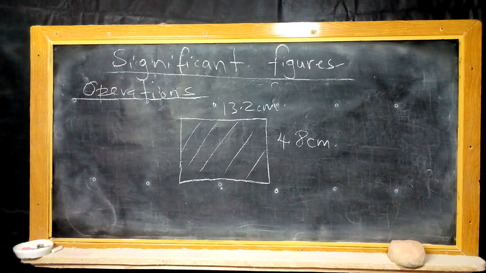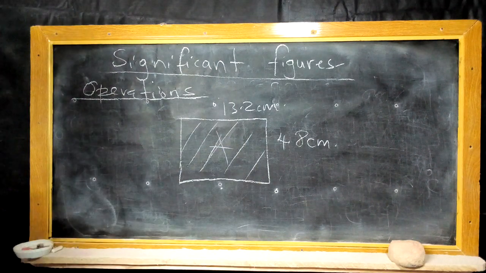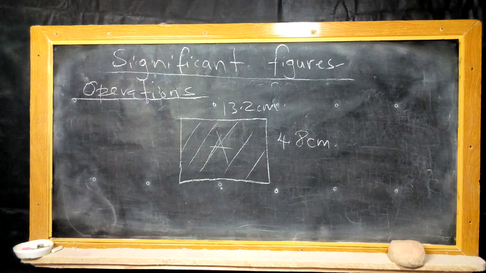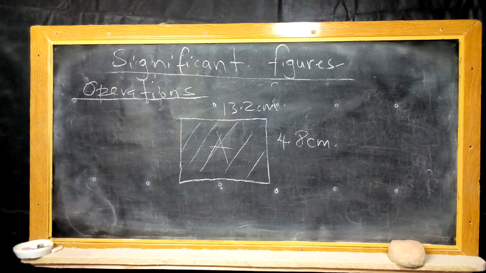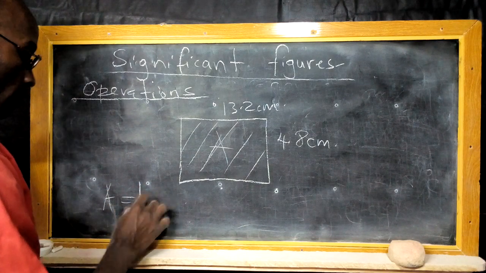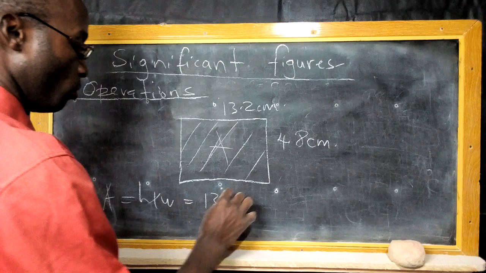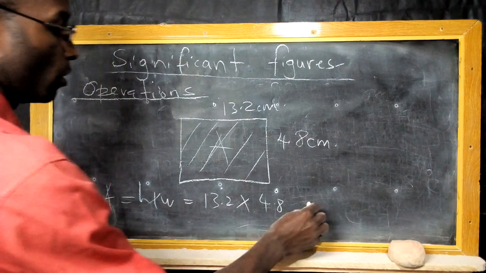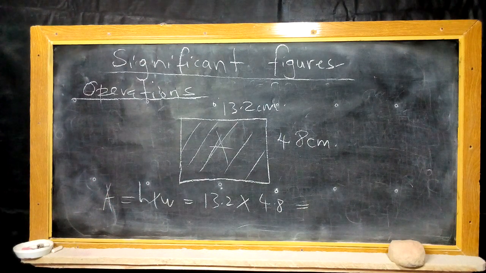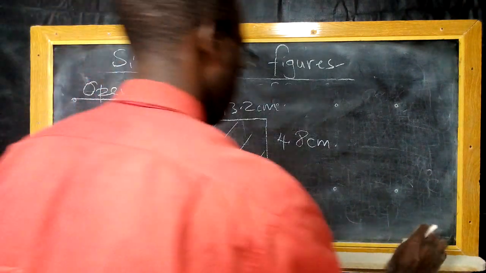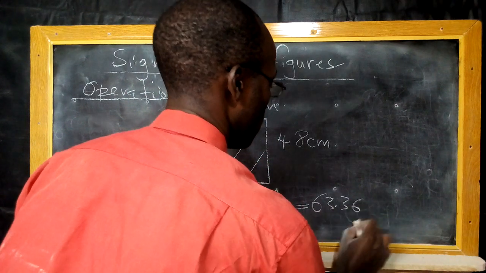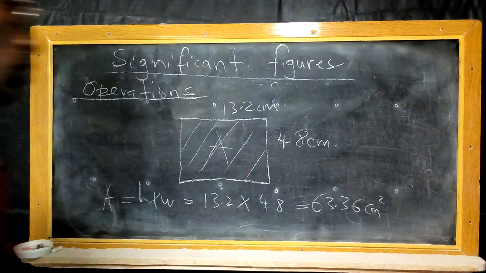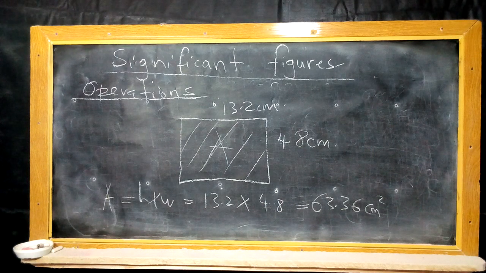If I'm requested to find the area of this piece of plate, or maybe a wooden board, of course area equals length times width, which is 13.2 times 4.8, and the answer in centimeters. I do a multiplication and find that the answer is 63.36 centimeters square.